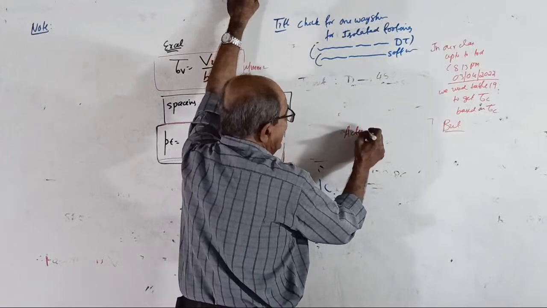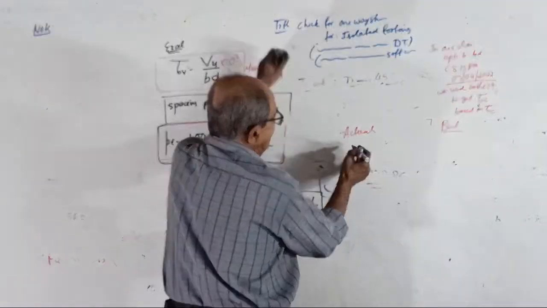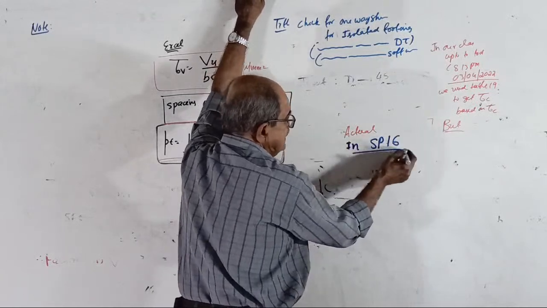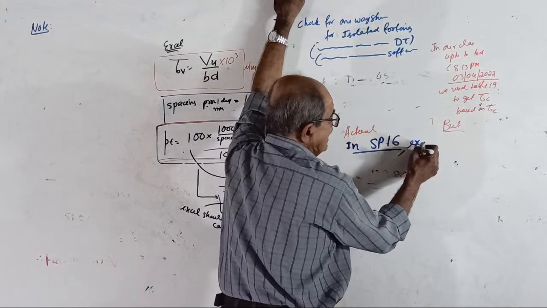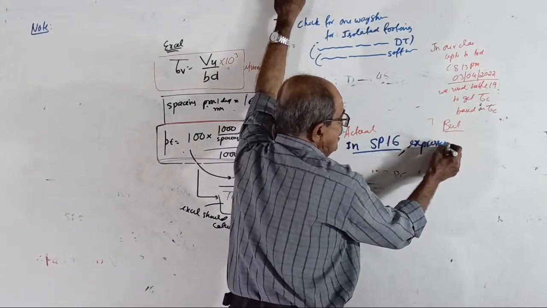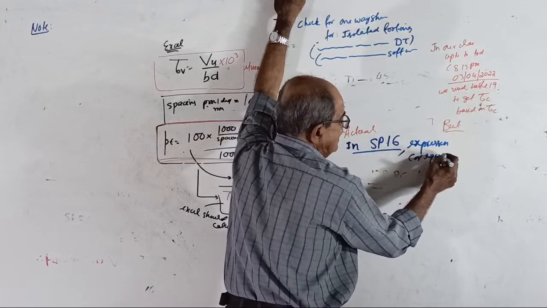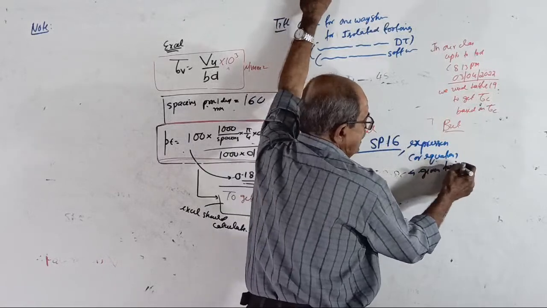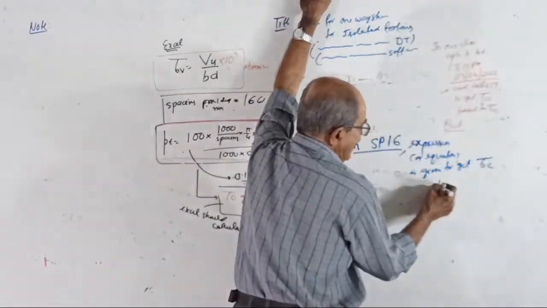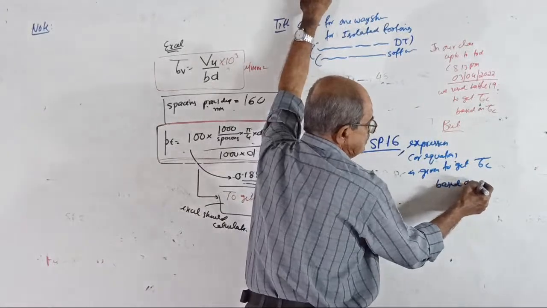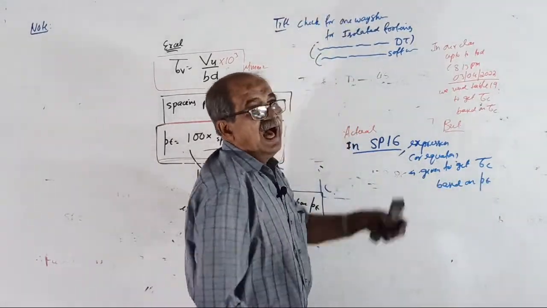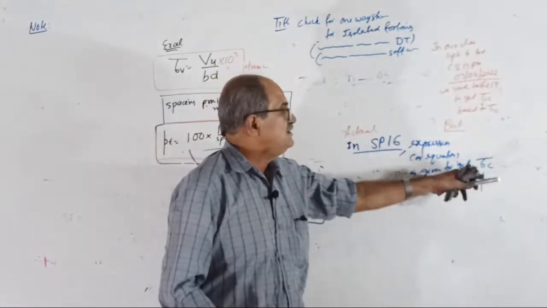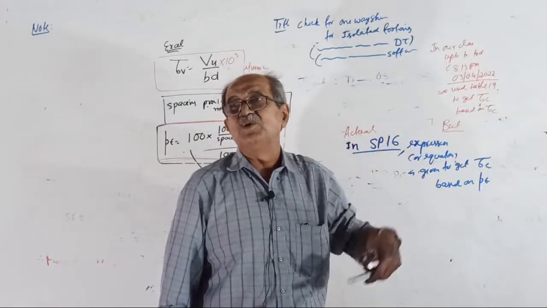Actually, nothing to worry. In SP16, an expression or you can call equation is given to get tau c based on PT. Remember, the IS code prepared that tau c table using this expression only.